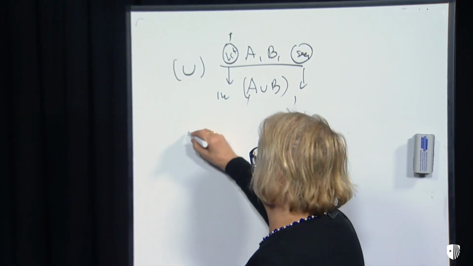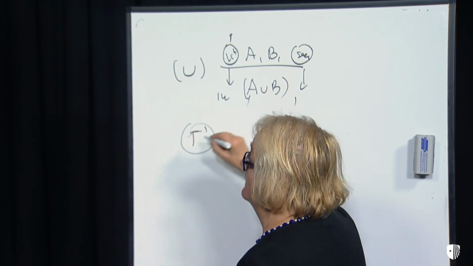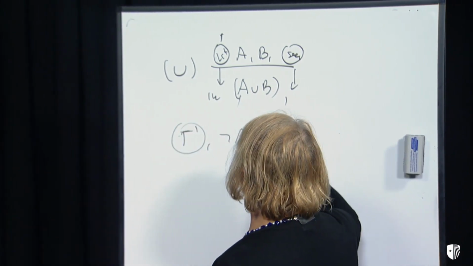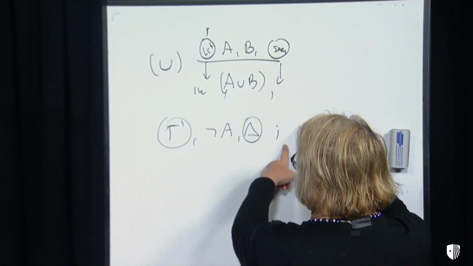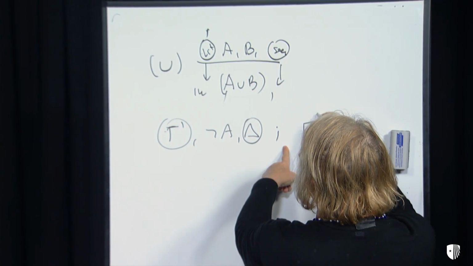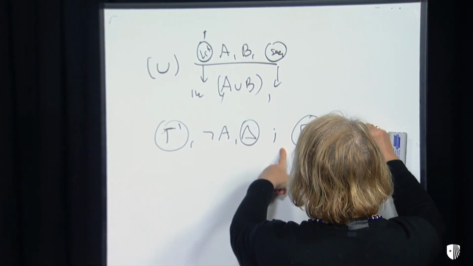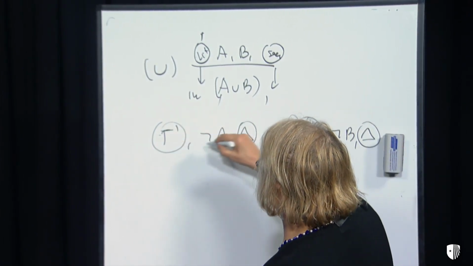And for the two-premise rule, you have gamma prime and not A, and you have delta, and you can see the second premise needs to have the same information. This part is the same.